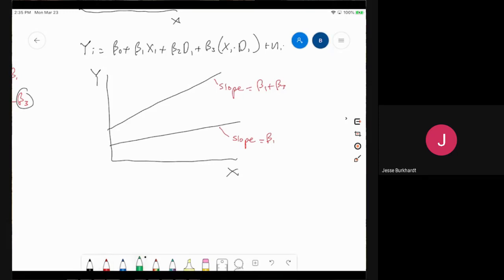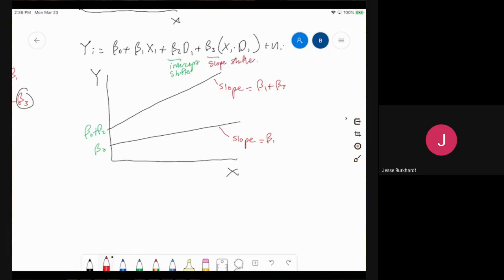Our intercepts are going to be the same as before. So now beta 2 is still an intercept shifter, but beta 3 is a slope shifter.